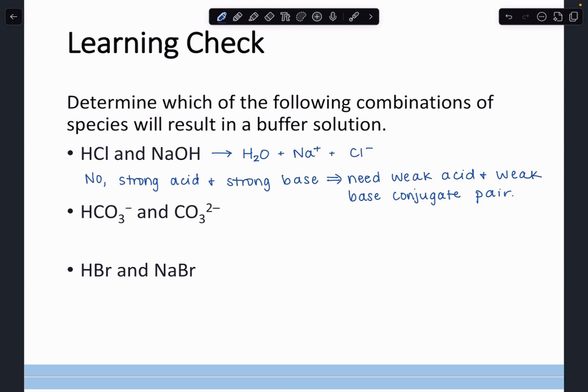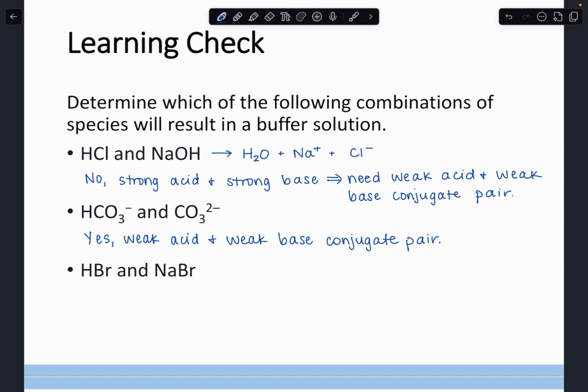So yes, this one will work. So those could be used to make a buffer solution.